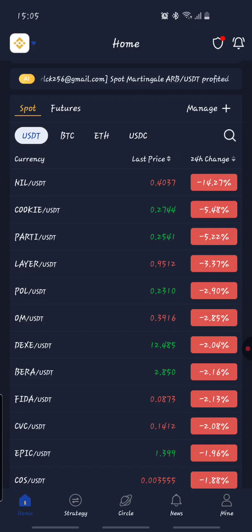But basically, you just need to know some basic analysis, have a list of your favorite coins, and capital management. So if you have your $1,000, you can ensure that you use like $500 in the market.